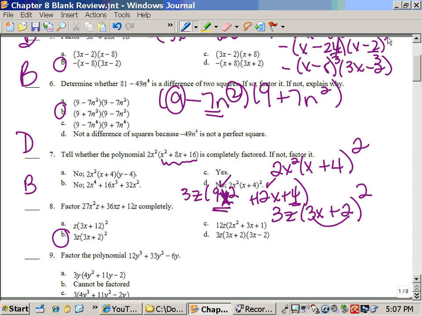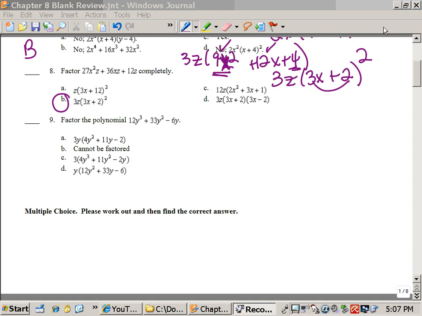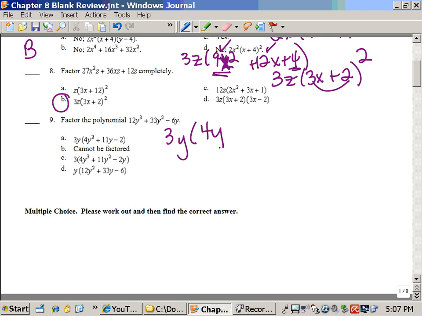Number 9, I need to factor. And I notice that they all have a common factor. The common factor that they have is 3 and y. If I take a 3 and a y out of all of them, I'm left with 4y squared plus 11y minus 2. Now at this point, I should try to do slip and slide.